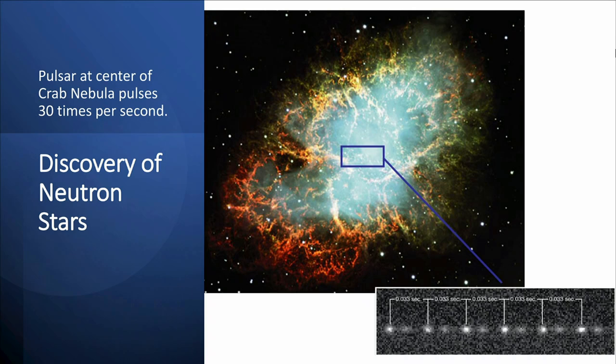This is the Crab pulsar, and this is what it looks like. It has a period of 0.03 seconds. So every 0.03 seconds, this thing is flashing, which means it has to be spinning very, very quickly. This pulsar is spinning 30 times per second. But this is something that has the mass of the sun, spinning 30 times a second.